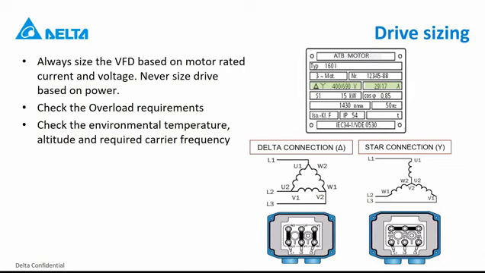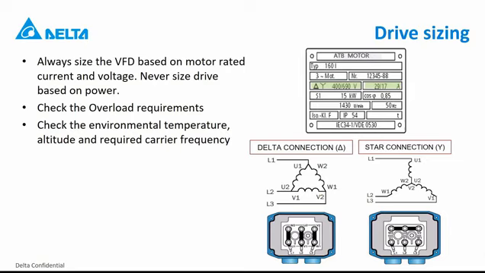Also, some other factors to keep in mind when you size a drive are the temperature, the altitude, and the required carrier frequency. For temperature, that's quite easy to imagine because the higher the temperature, the more you need to dissipate the heat from the drive. But altitude is also very important to keep in mind.